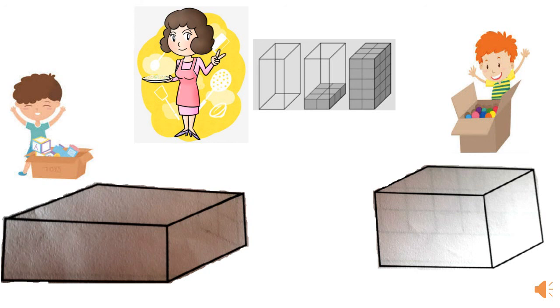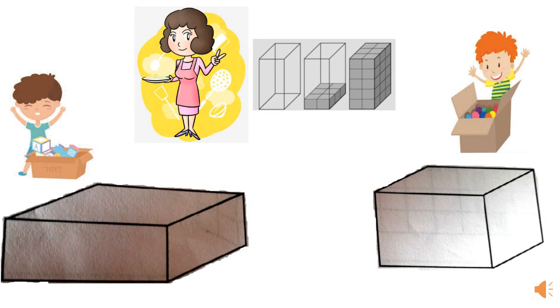And they found that both the boxes could hold an equal number of sandwiches, and so they were very happy to know that their snack boxes have the same capacity. It's also said that it has the same volume.